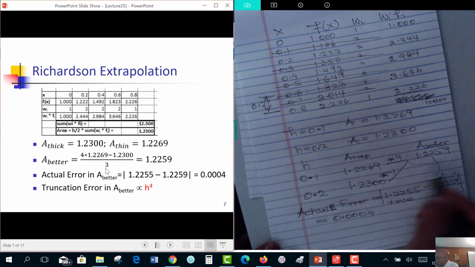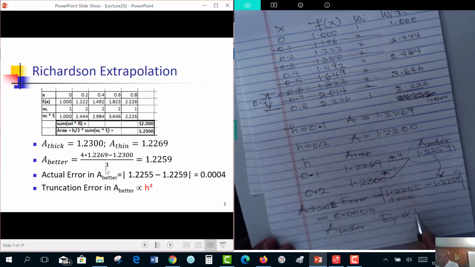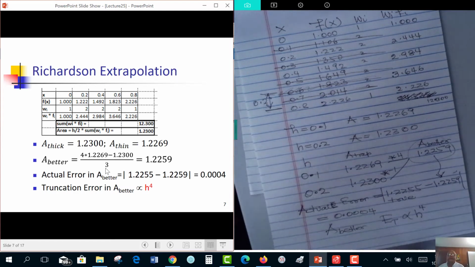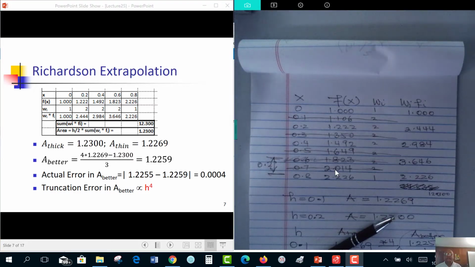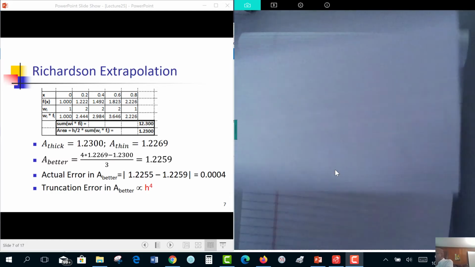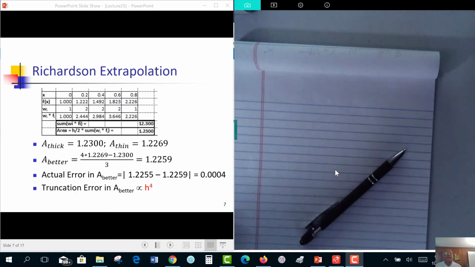So this better value has truncation error that is proportional to h to the power 4. So this was interesting. Let's see if we can apply this repeatedly.